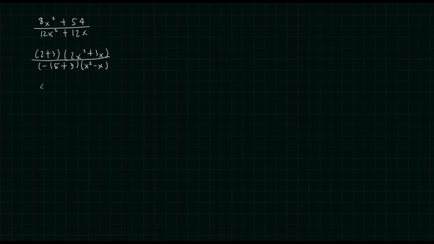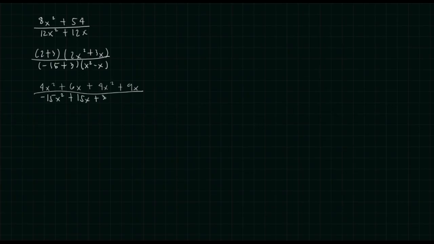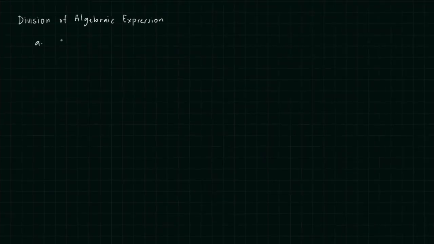We have 4x squared plus 6x plus 4x squared plus 9x over negative 15x squared plus 15x plus 3x squared minus 3x. Now we can cancel anything in this problem. Now we are left with, since we combine the like terms, 12x squared plus 15x over negative 12x squared plus 12x. I'm going to explain division of algebraic fractions.